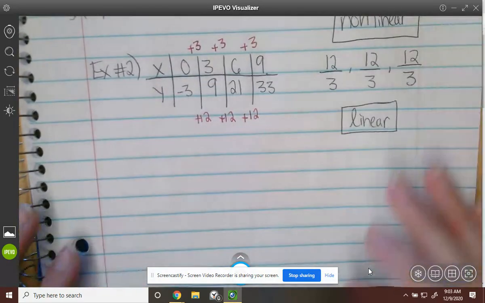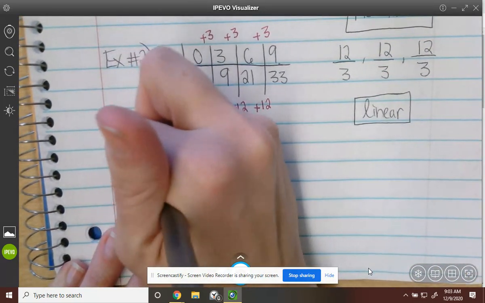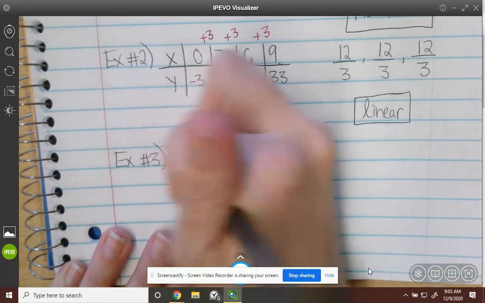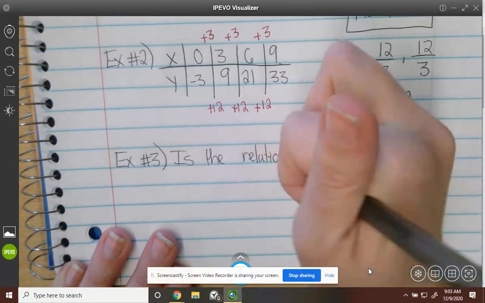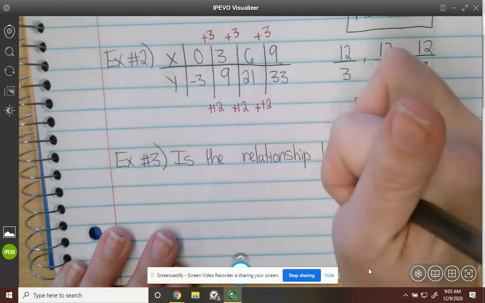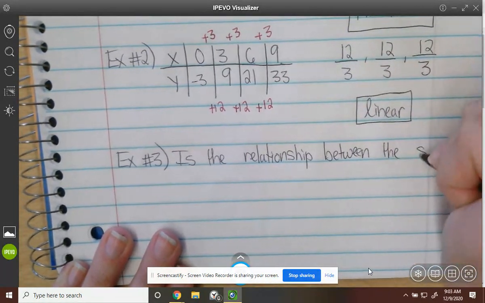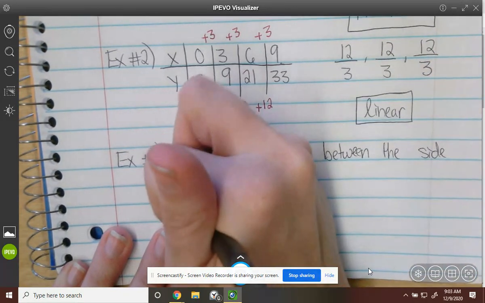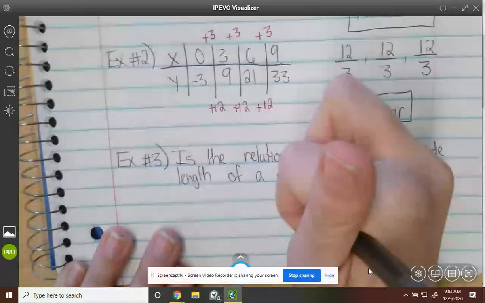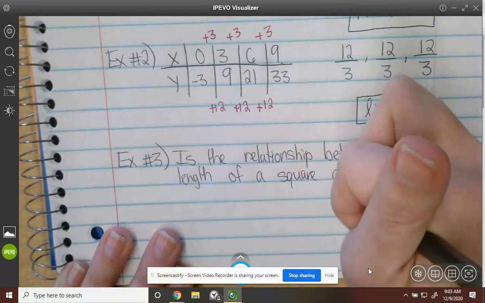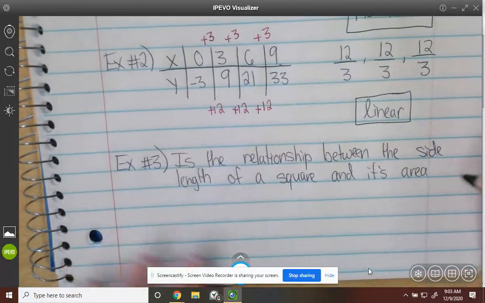Okay, we got one word problem. We'll do that and then we'll be done. Is the relationship between the side length of a square and its area linear?